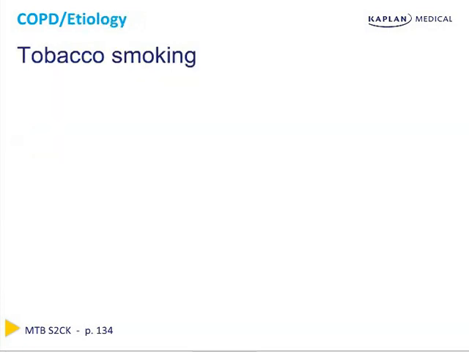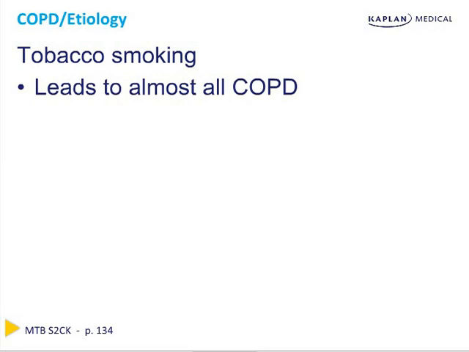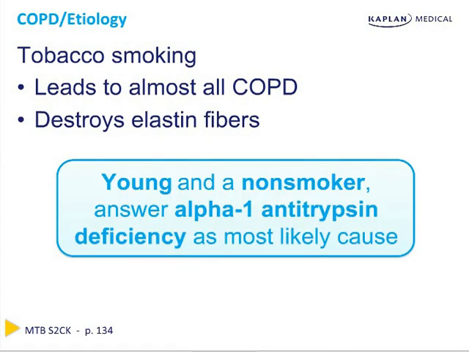The major etiology of COPD is tobacco smoke. This leads to almost all cases, and that's because tobacco smoke destroys elastin fibers in the lung. If you have a patient, however, who is young and a non-smoker, the correct answer on Step 2 is almost always going to be alpha-1 antitrypsin deficiency.